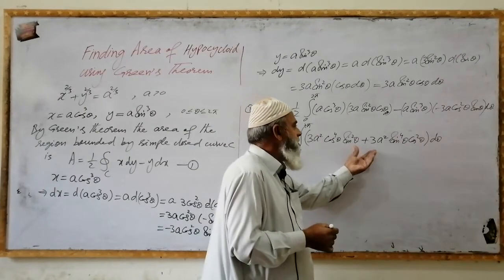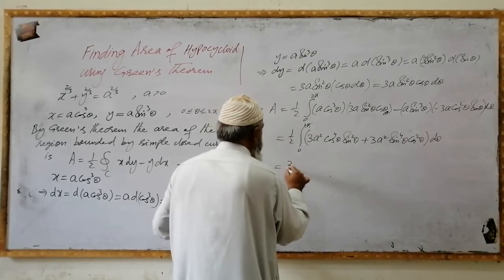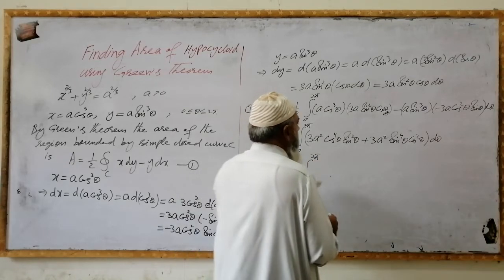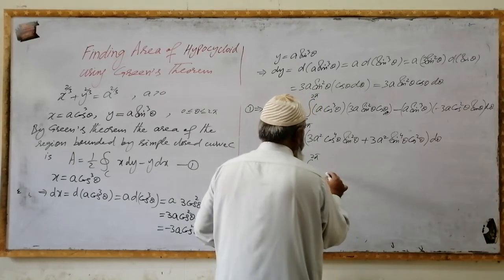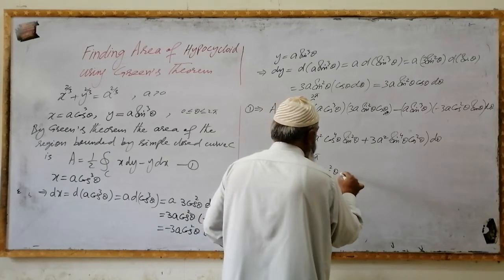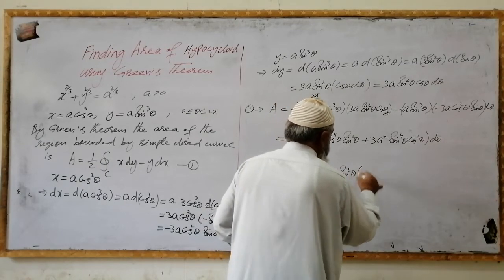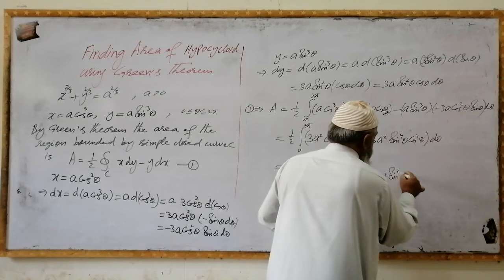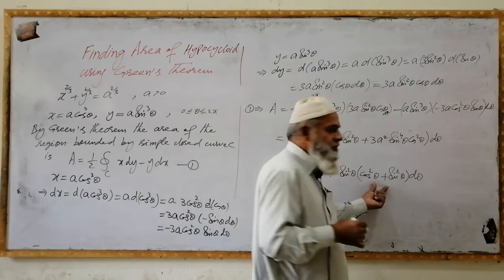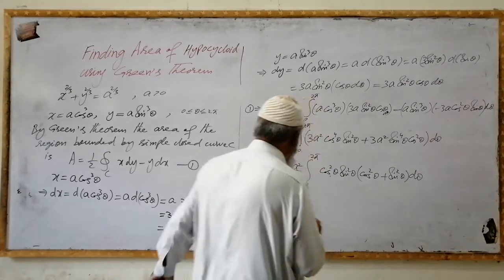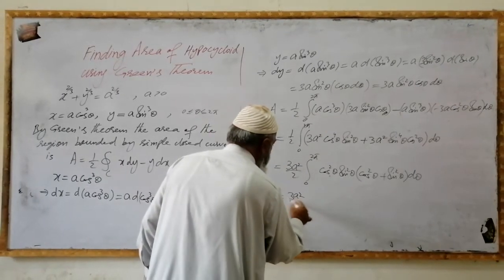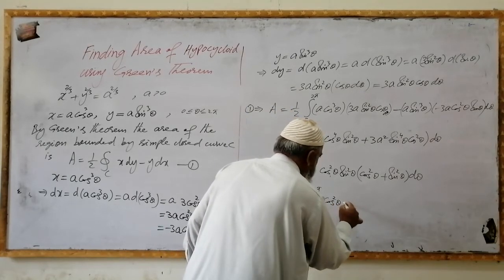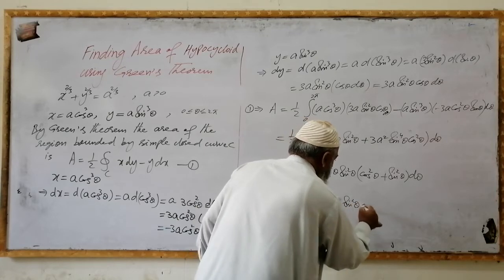Obviously we can take common 3a square, writing 3a square by 2, 0 to 2 pi. And what can we take common from here? We can take common cos square theta into sin square theta, leaving cos square theta plus sin square theta d theta. Obviously cos square theta plus sin square theta will become 1, and we will have 3a square by 2, 0 to 2 pi, cos square theta sin square theta d theta.